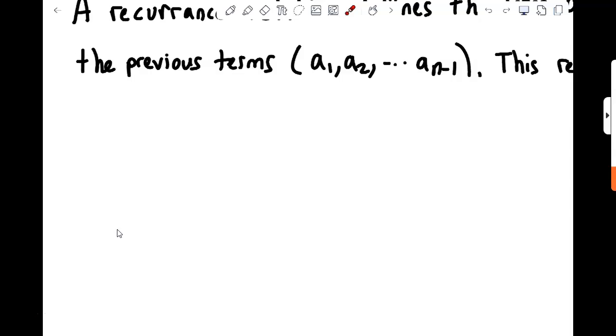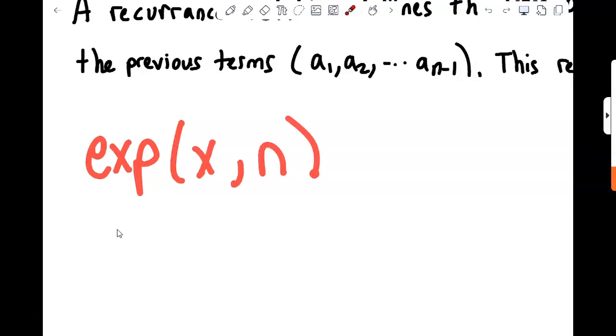So we might pass into our exponent function x, which is the thing we want to raise, and n, which is the power. Let's assume here that we're limiting our exponent function to just positive values.